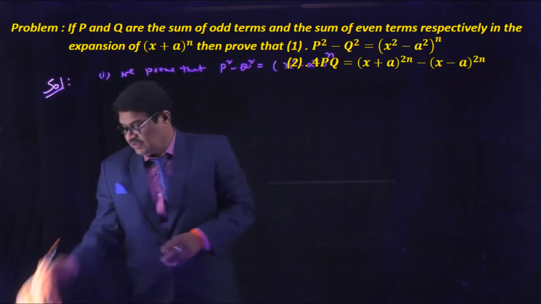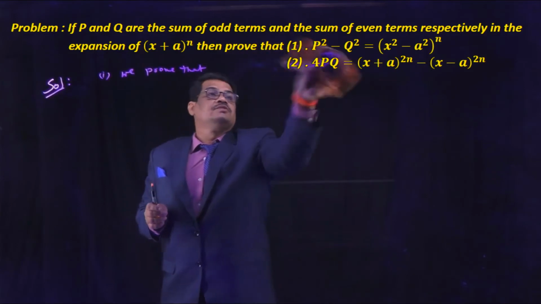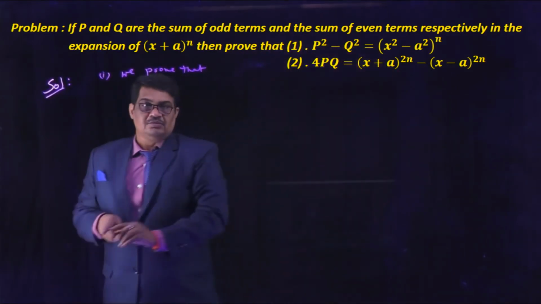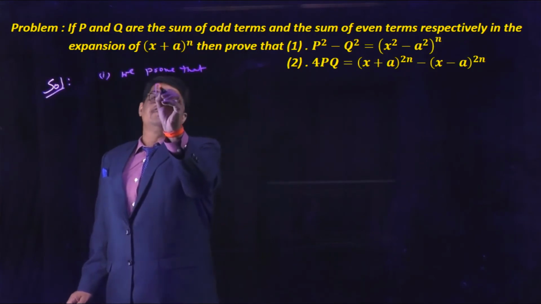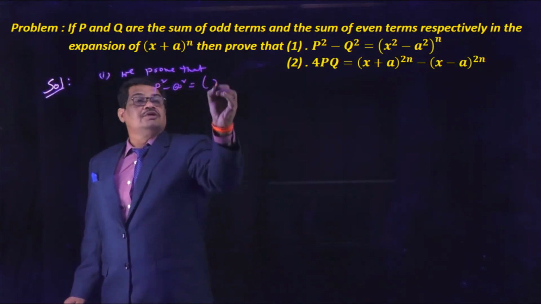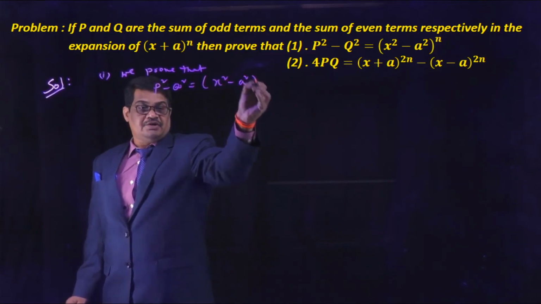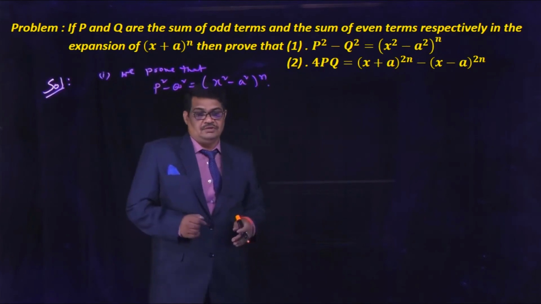Now we are writing here, we prove that P square minus Q square is equal to (x square minus a square) whole to the power of n. That is the first result we are proving.